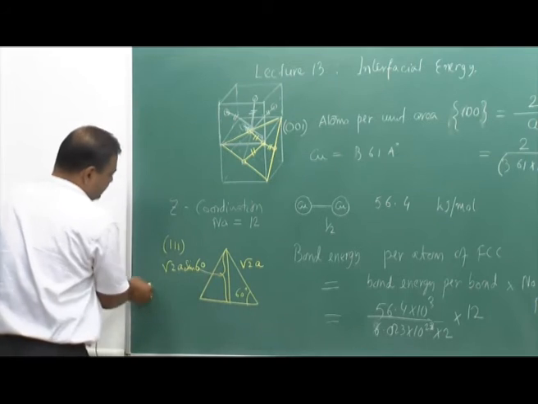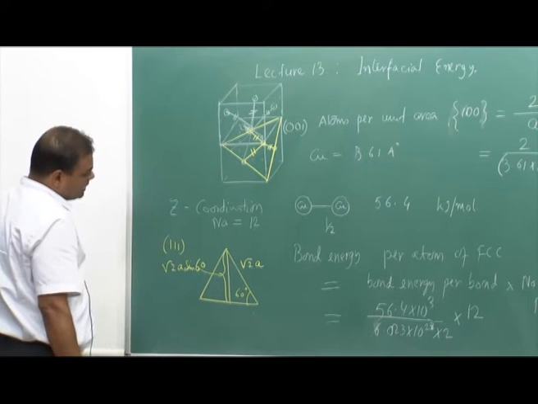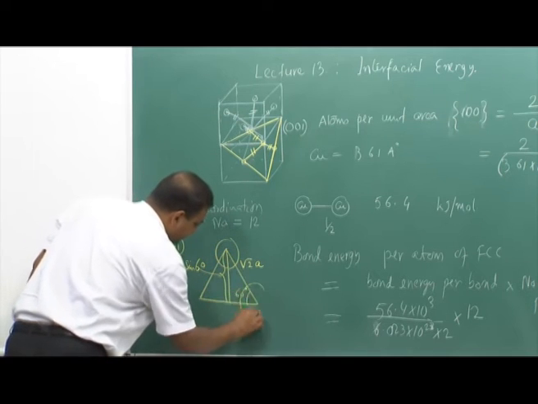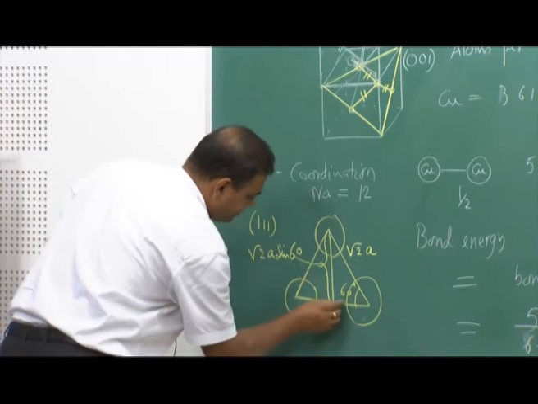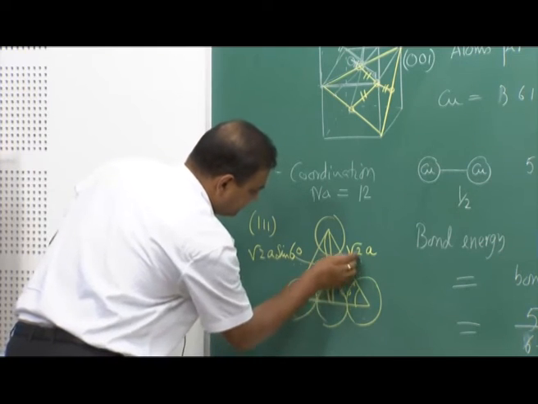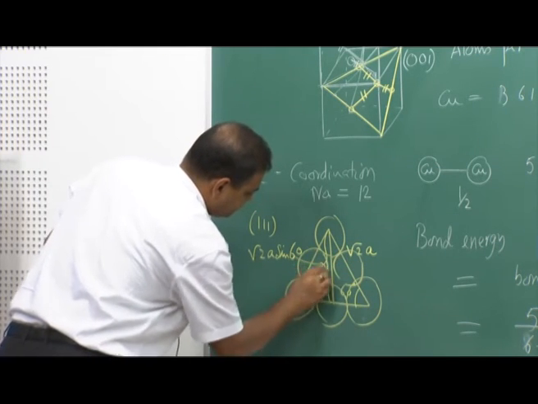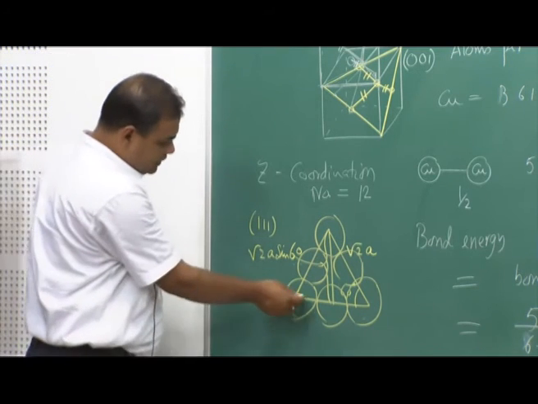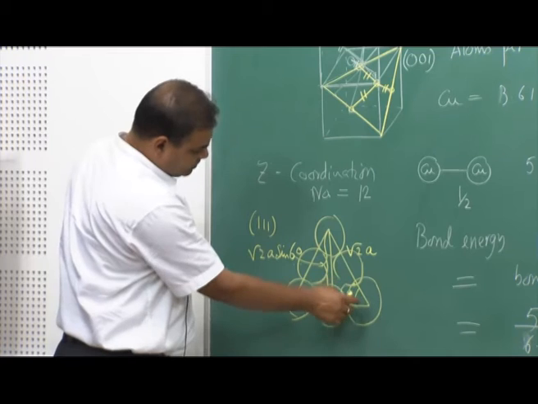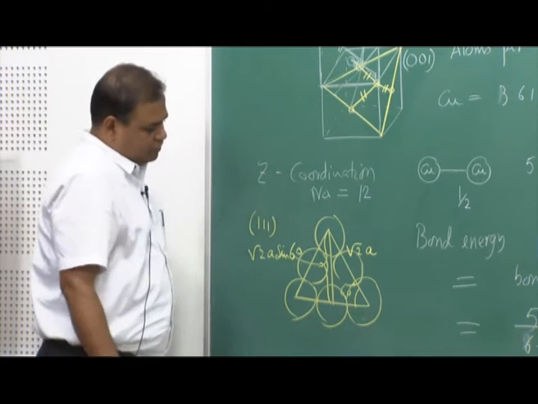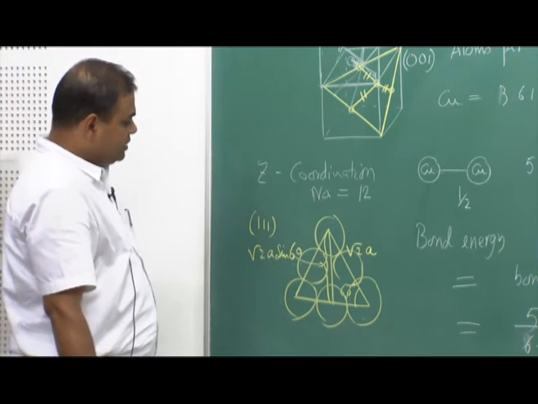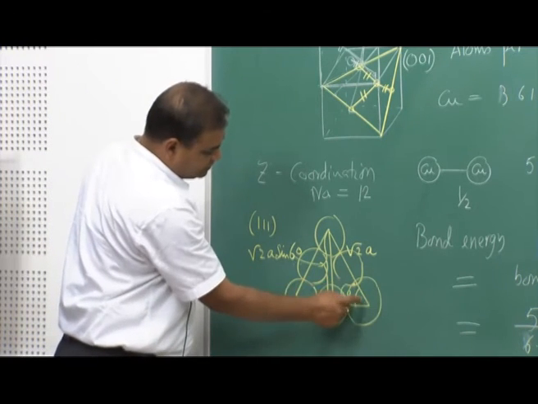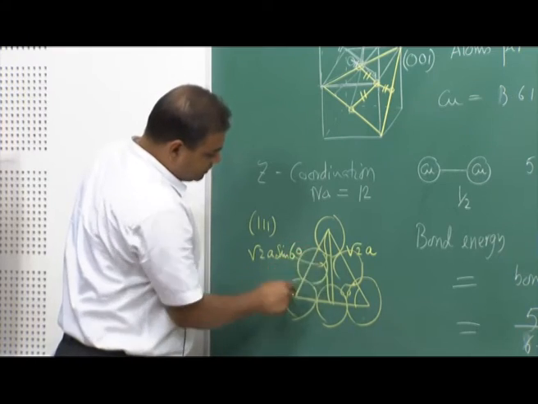So, once you know the sine 60, and also if you see the number of atoms per plane, there will be an atom here, there will be an atom here, here and then on the surface. So, this would be the position of the atoms. So, you can calculate. If you see the corner atoms, if you see the projection, there would be a 1/6 contribution of this particular projection within this particular triangle.